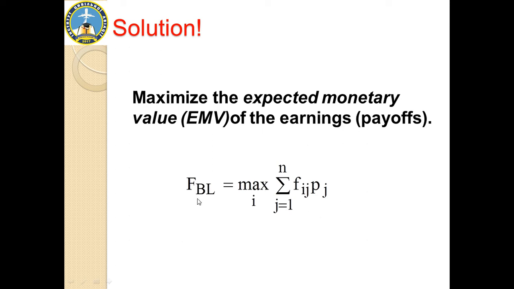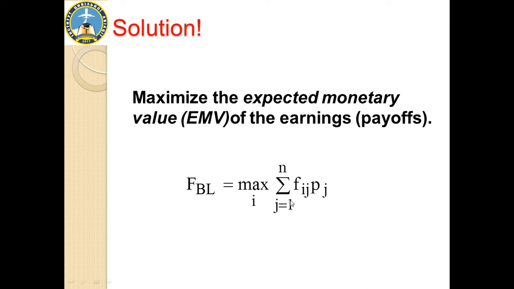The sum runs over subscript j running from 1 to n, where j shows different states of nature. This sum runs through all the states of nature.